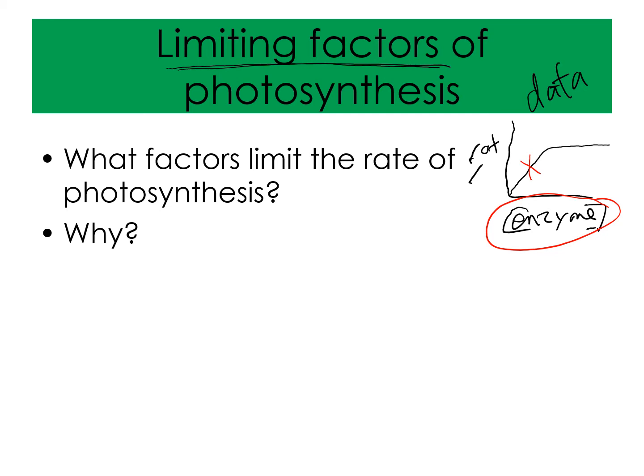But as you'll remember from these graphs, they do level off. At the point where they level off, it's no longer the enzyme concentration that's limiting the rate of reaction, because as we increase the enzyme concentration, we're not getting a return in terms of rate of reaction.